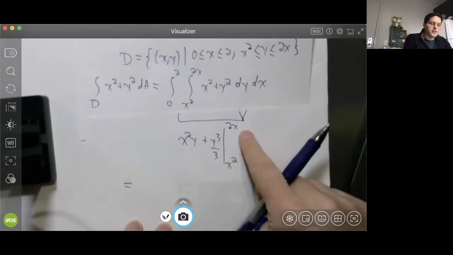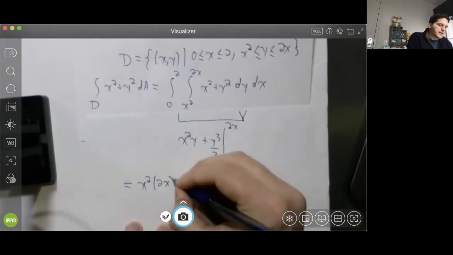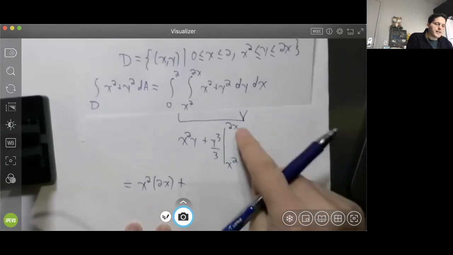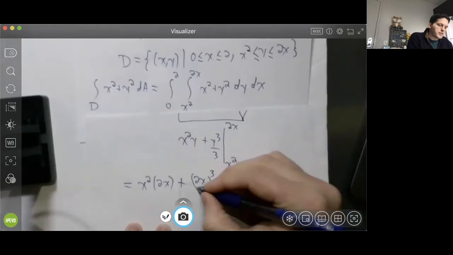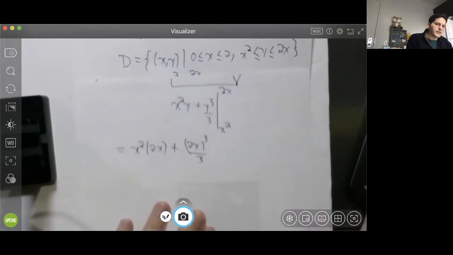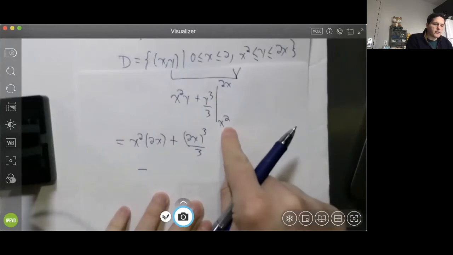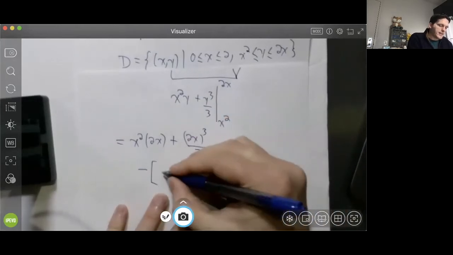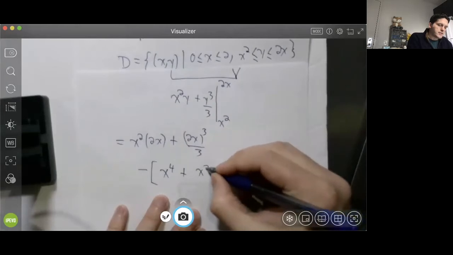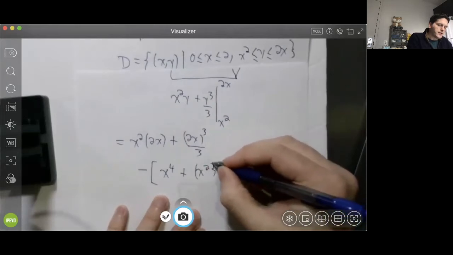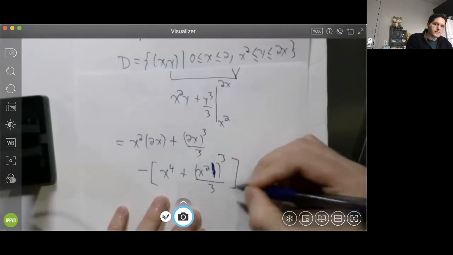When we plug in 2x for y, we get x² times 2x. When we plug in 2x for y³, we get 2x³ / 3. When we plug in x squared for y, we get x to the fourth plus x squared cubed over 3.